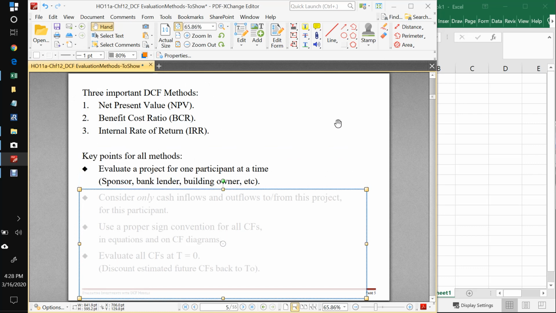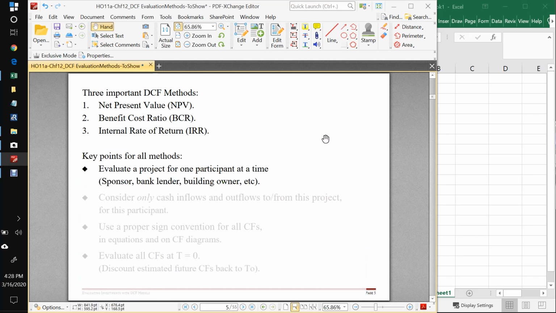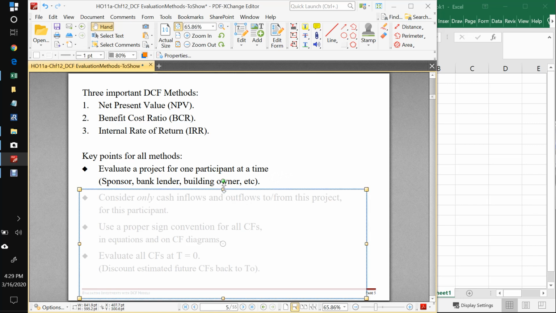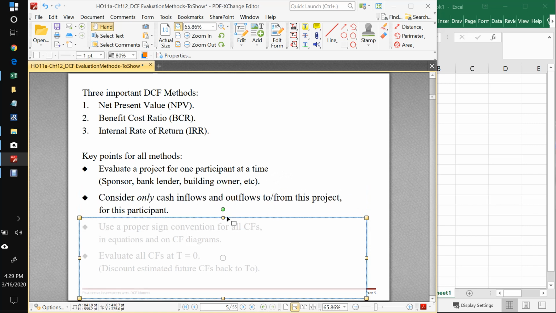But some key points for all of these methods: we always want to be sure to evaluate a project for one participant at a time. So definitely don't mix something like a sponsor, a bank lender, a building owner. We want to pick one of those players and evaluate the project from their perspective completely.